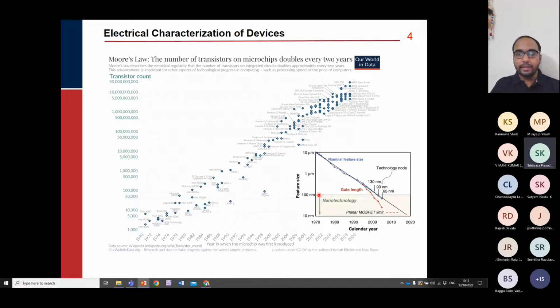Why? Because above 100 nanometer, the classical laws of physics basically govern the operation of the transistors, like the way current will flow, or the way the carriers will move. But whenever we go below this 100 nanometer length scale, it is quantum mechanical laws which start dictating how the carriers will flow, or what sort of current will flow at a particular voltage.